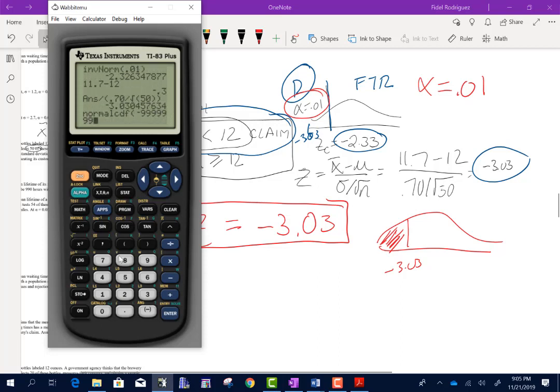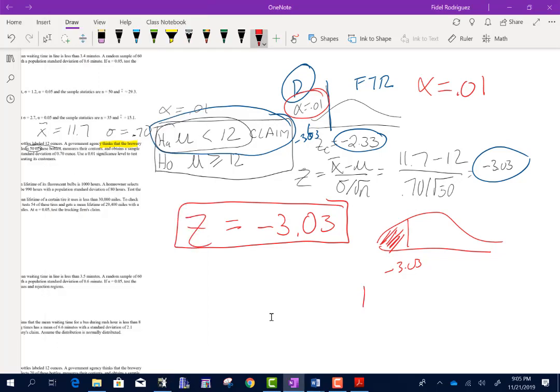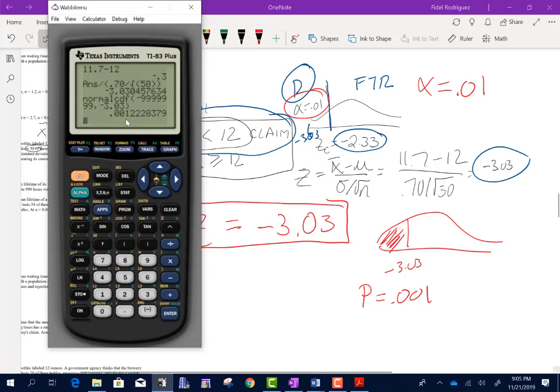And then I'm going to stop at negative 3.03. What's the p-value that we came up with here? If I go to 3 decimal places, because I know 2 decimal places ain't going to help me a whole lot, 0.00 what? Is it 0.001? If I come back here, take a look, 0.001 is my P.